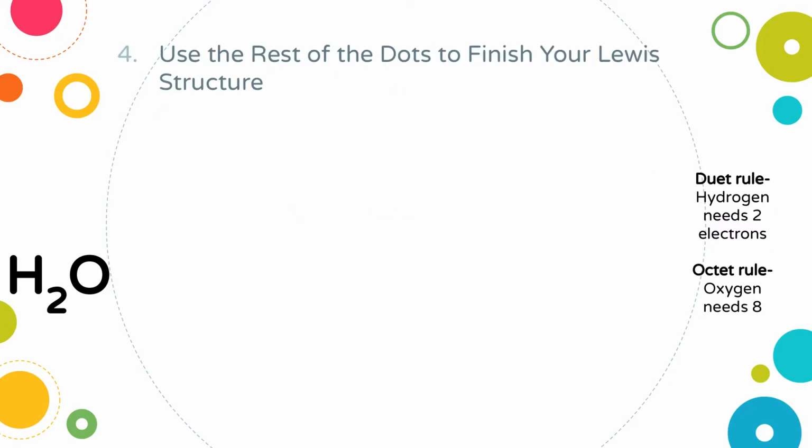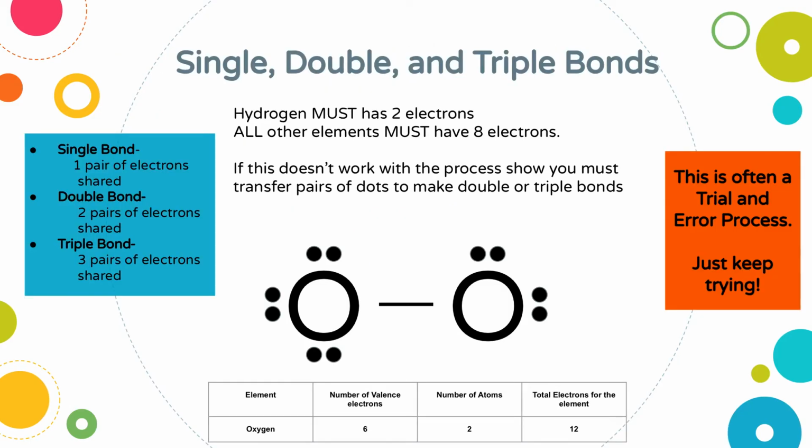With covalent compounds, we have single, double, and triple bonds. Hydrogen must have 2 electrons. All other elements must have 8 electrons. If it doesn't work out this way and you have too many electrons, you must transfer pairs of dots to make double or triple bonds.